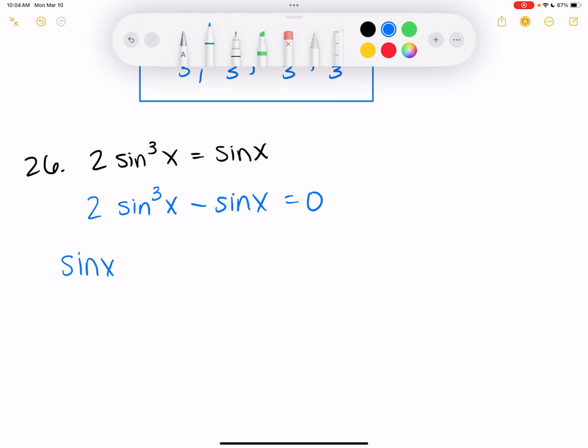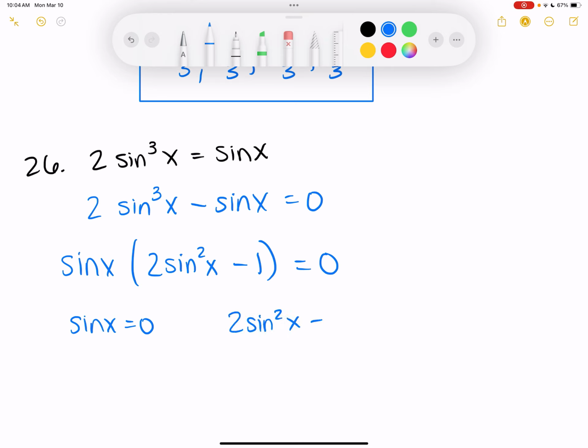So sine of x times 2 sine squared of x minus 1. Now, just like back when we were factoring and using the zero product property, same thing here. Sine of x equals 0, or 2 sine squared of x minus 1 equals 0.